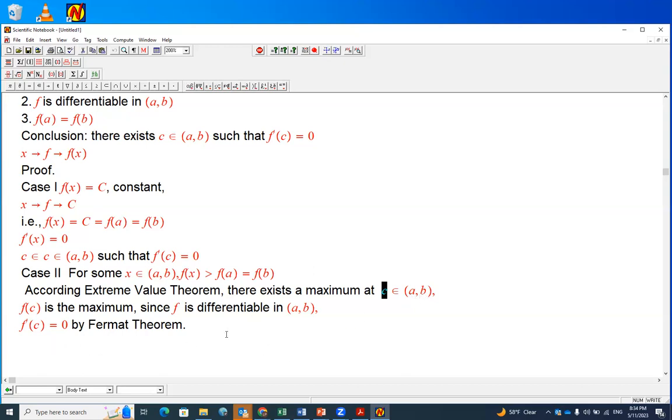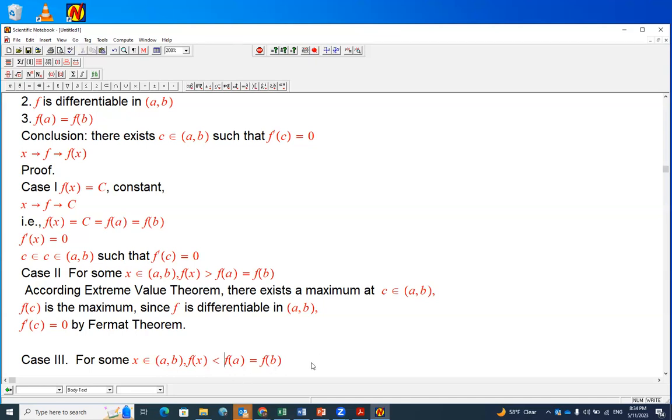According to Fermat theorem, the derivative at that maximum must be 0. Case 3 is similar. It could be the other way: either equal, greater, or less.